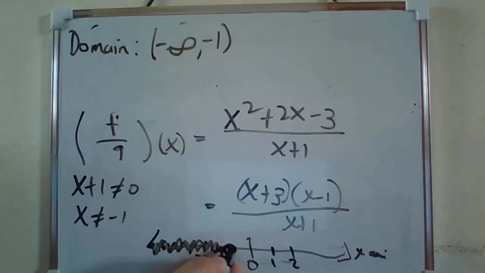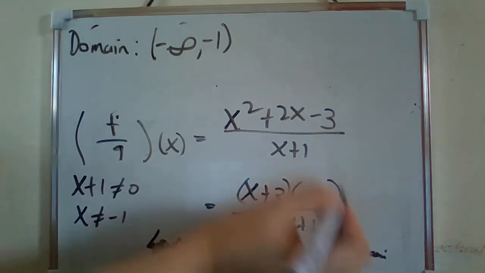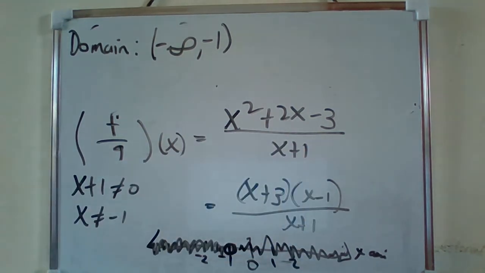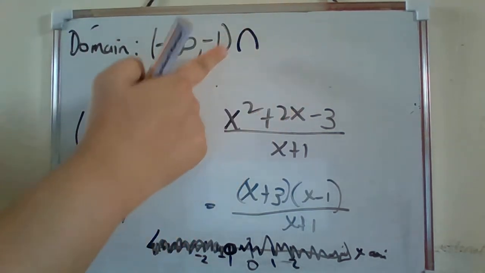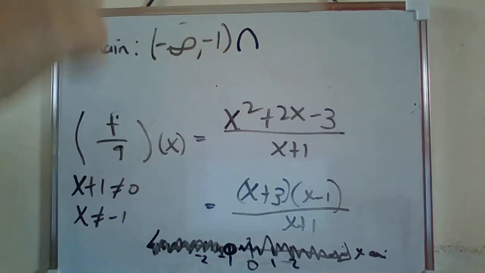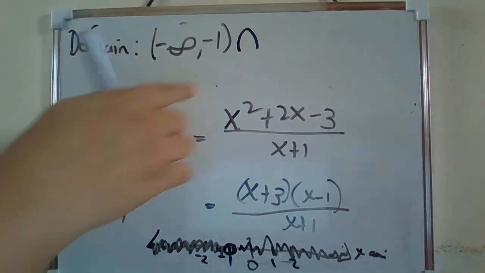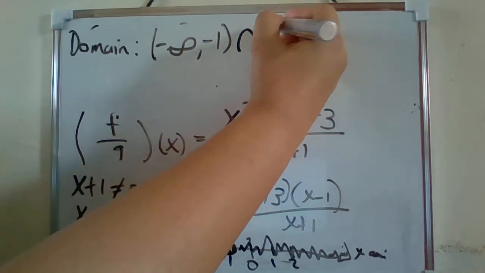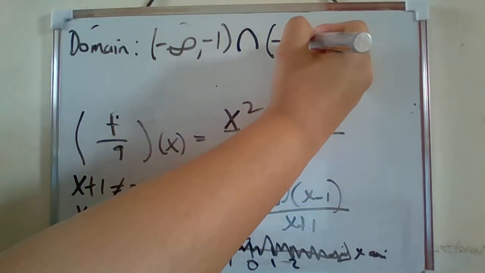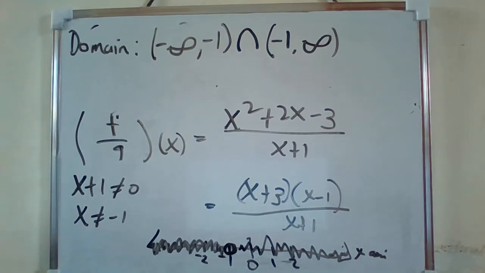Nakita nyo, hindi ko siya sinara, naka-open lang siya. And then, from negative 1, balik ulit tayo. So, ang hindi mo lang pwedeng gamitin ay si negative 1, pero the rest, from left to right ni negative 1, pwede mong gamitin. So, with that, in English, ang tawag dito ay and. In mathematics, union, ibig sabihin yan. So, negative 1, comma, positive infinity.